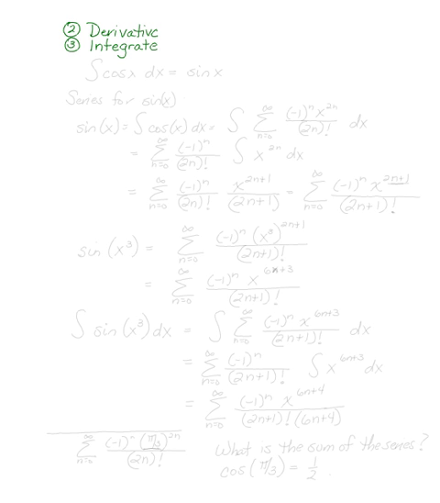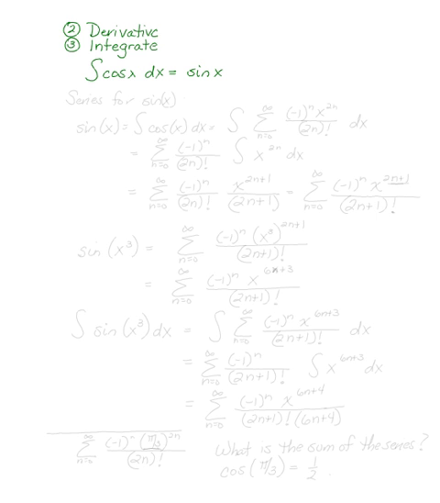Now I'm going to use that third thought here because we know that if we integrate cosine of x, what we get is sine of x plus c. We're not going to worry about our constants in this case.